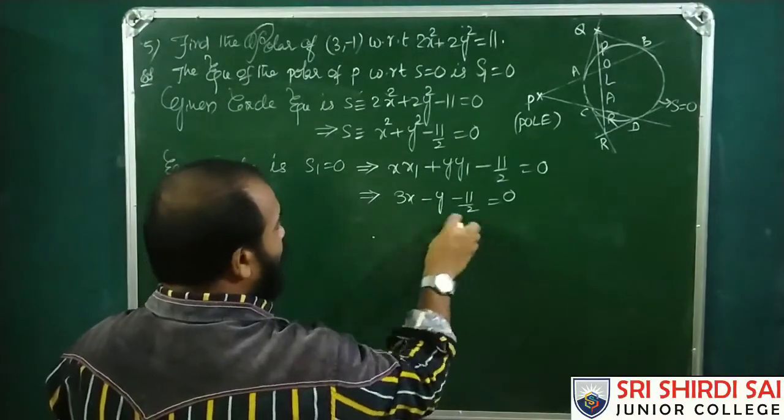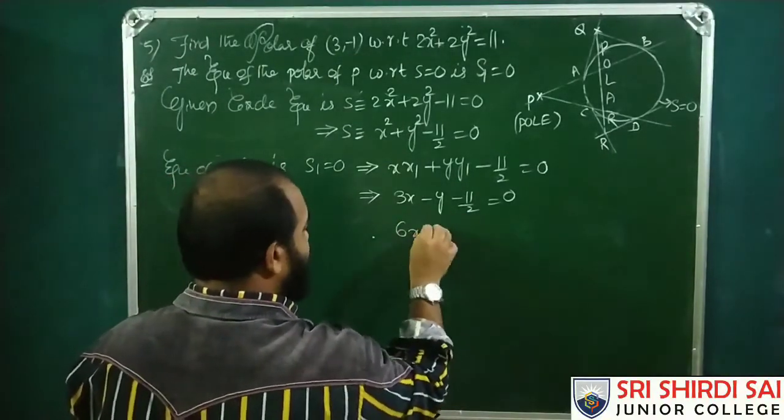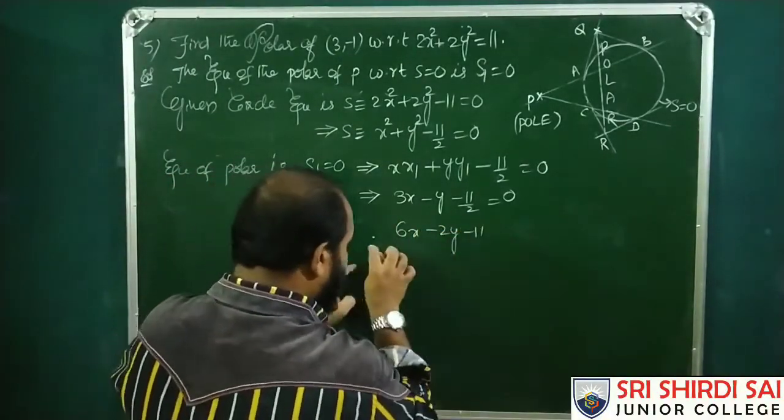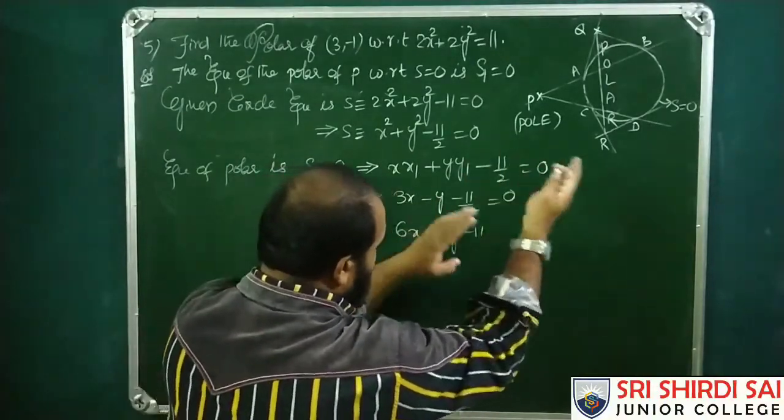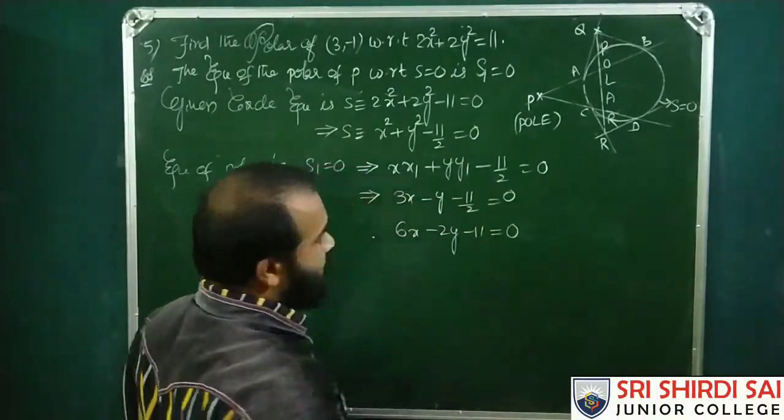Therefore 2 3s are 6x minus 2y minus 11 by 2 equals 0, and if you transpose, it is equal to 0.